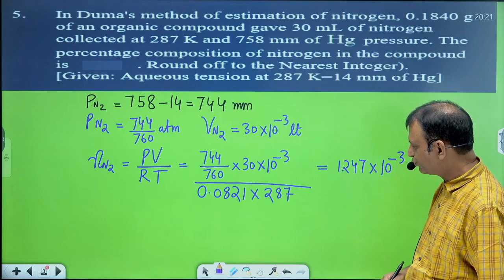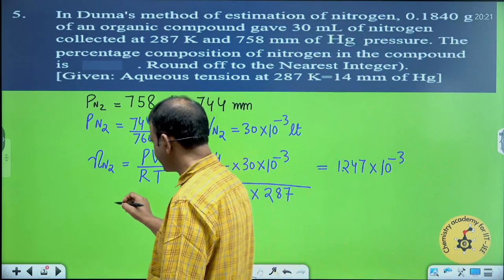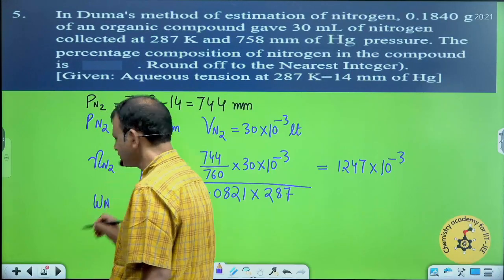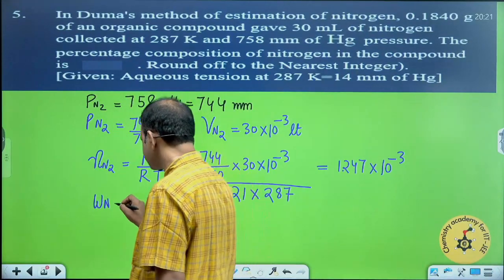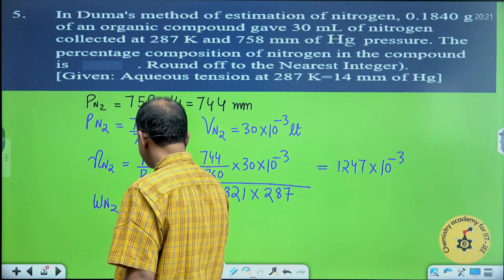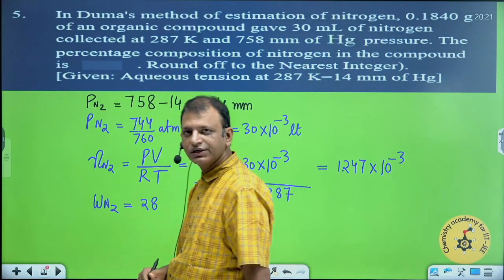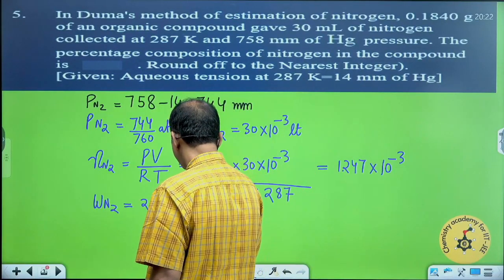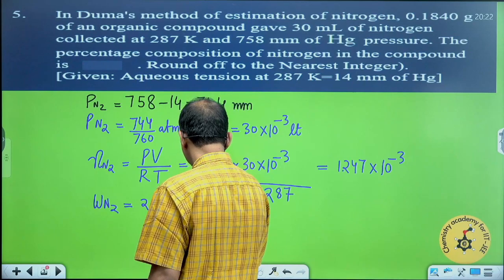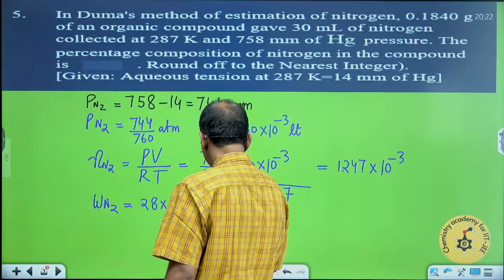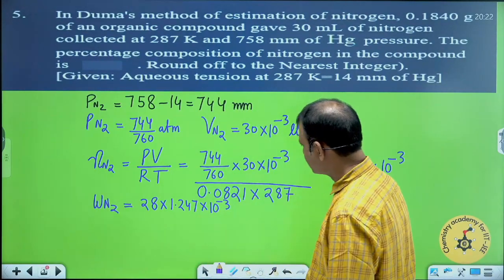If we know the number of moles of nitrogen gas, we can calculate the mass of nitrogen gas. The mass of nitrogen gas is equal to number of moles into molar mass. Molar mass of nitrogen is 28, so 28 into 1.247 into 10 to the power minus 3. We have to calculate the mass percent.